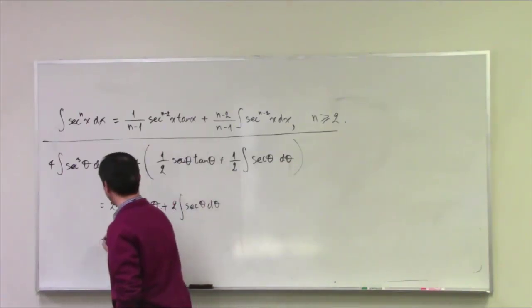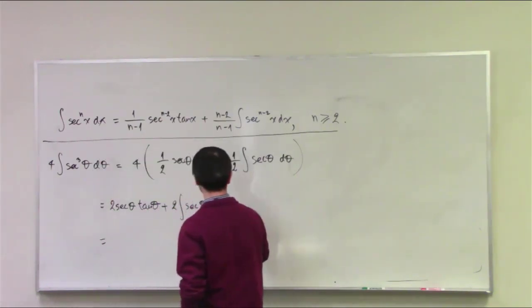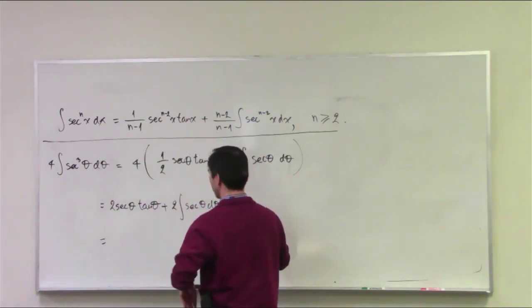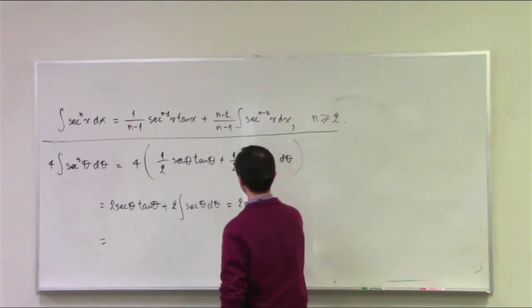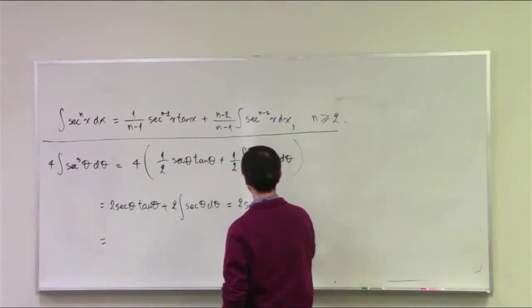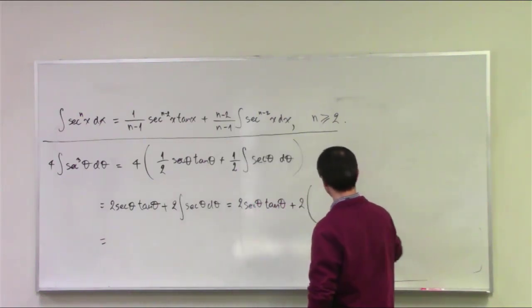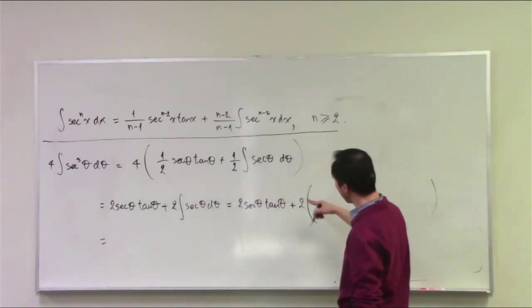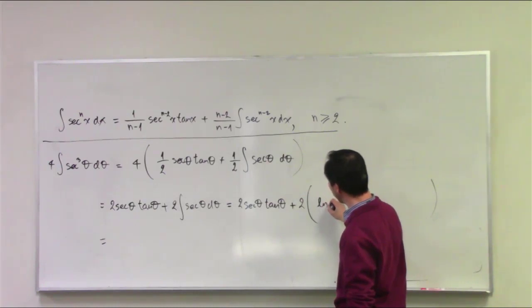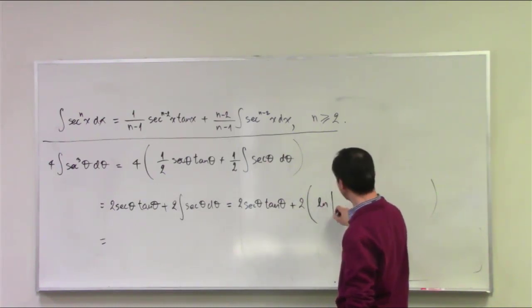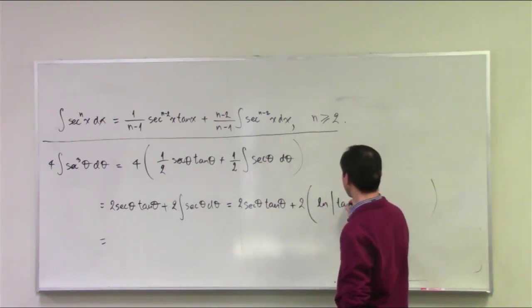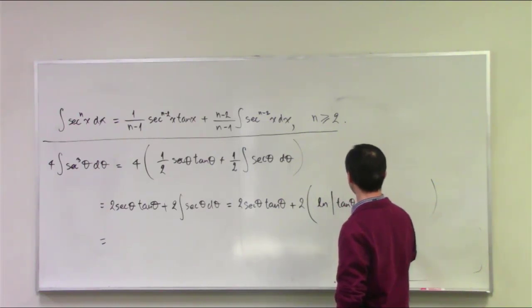So for the next one, I'm going to use 2 secant theta tangent theta, right? 2 times, and then I'm going to use that special formula. That special formula we had earlier was a natural log of the absolute value of tangent theta plus secant theta.